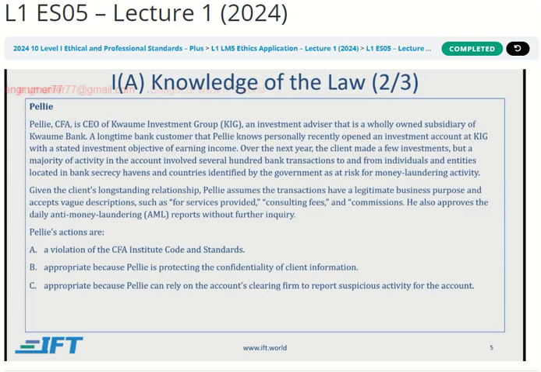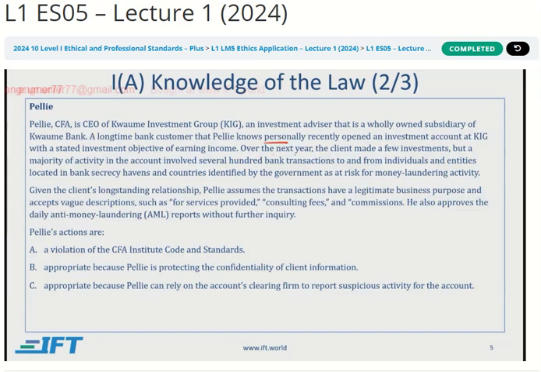The next case is also related to Standard 1A, knowledge of the law. Pelly is CEO of KIG, an investment advisor that is a wholly owned subsidiary of Kwame Bank. A long-time bank customer that Pelly knows personally recently opened an investment account at KIG with a stated investment objective of earning income.